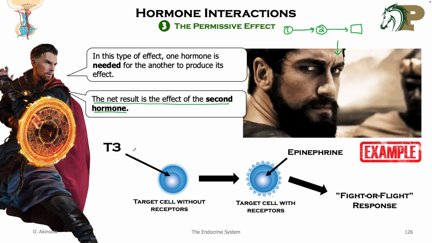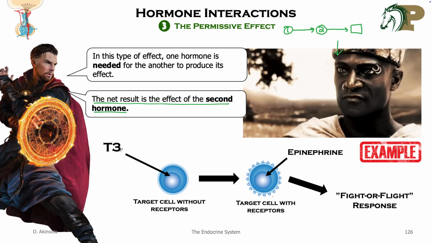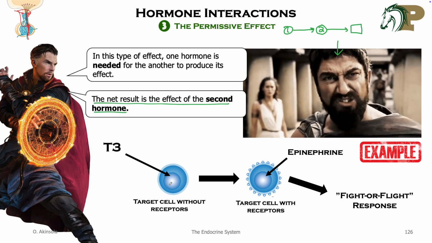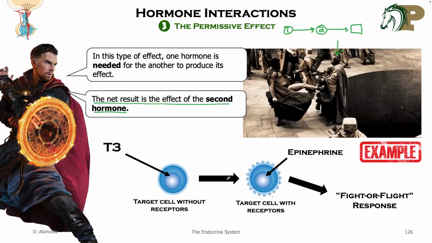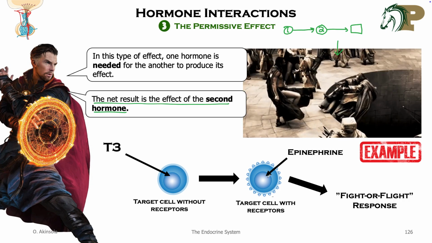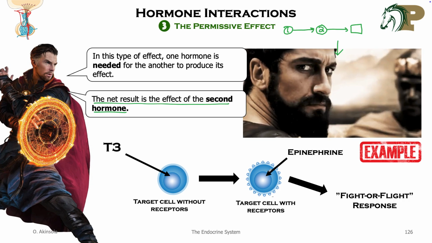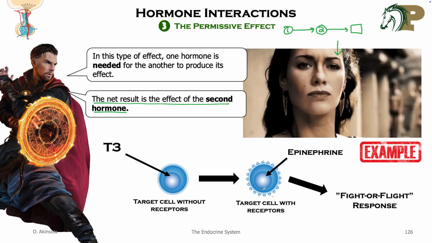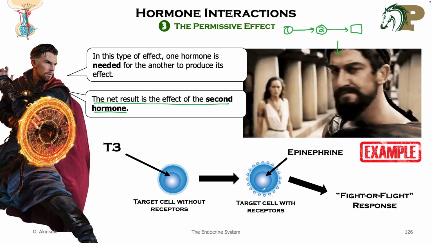So if you look here, T3 acting on the target cell without receptors, and if you look here, epinephrine acting on that same target cell with receptors, you're going to get that fight or flight response.